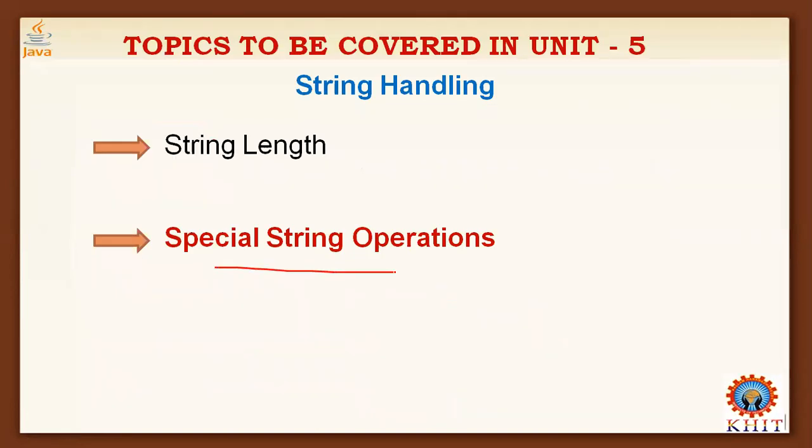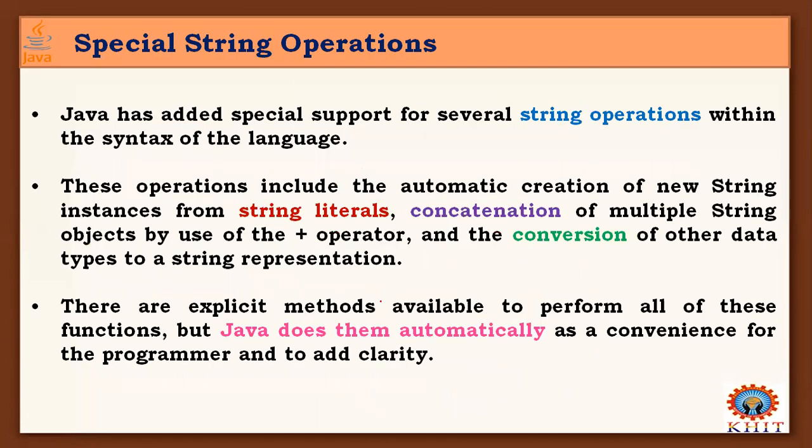Next one, special string operations. And we are going to discuss some more important and primitive operations on string objects. And generally this Java class, the string class in Java, supports several string operations, and they have different syntaxes specifically in this Java language.